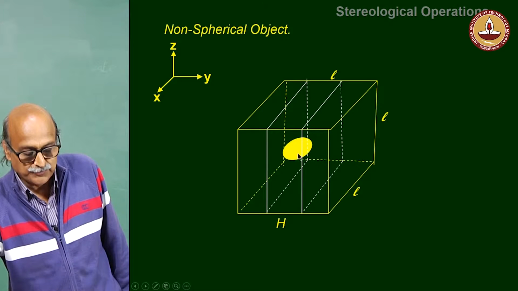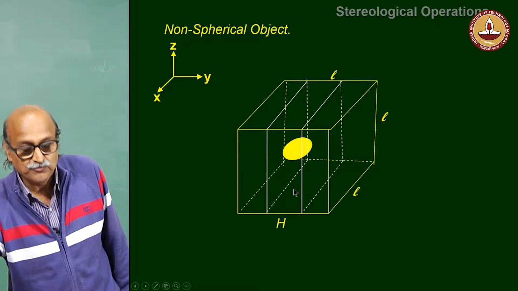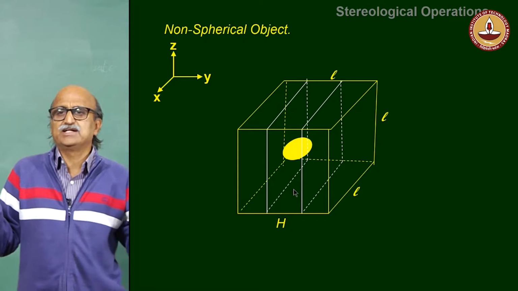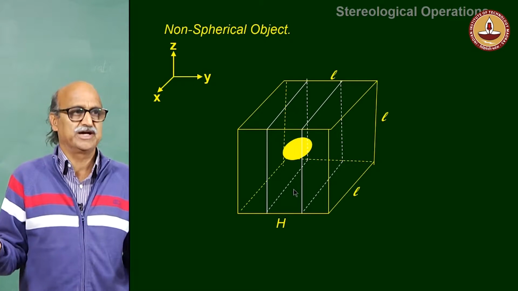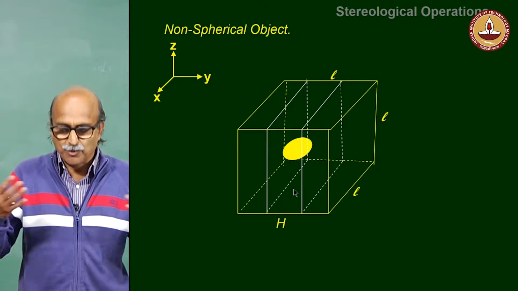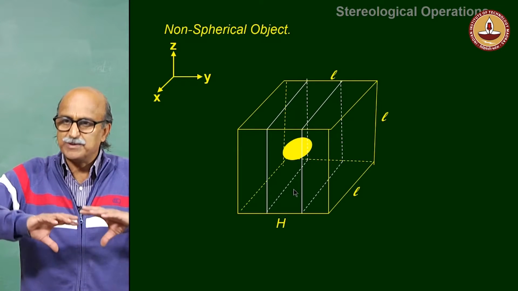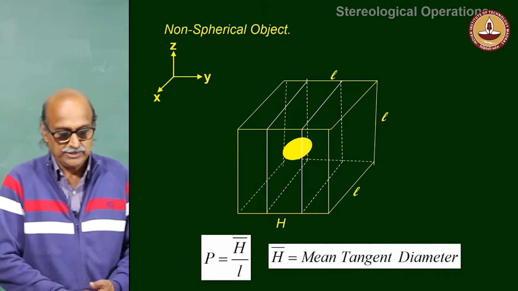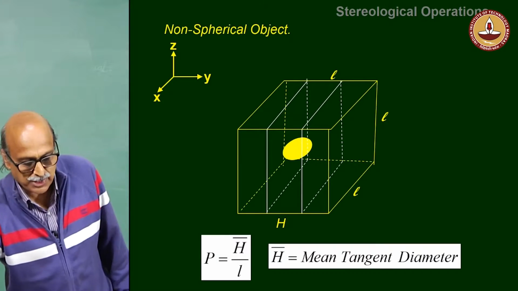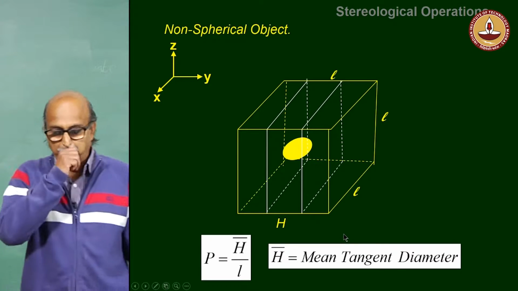As the object changes orientation, the tangent diameter changes. So, we can think that there exists a dimension called the average or the mean tangent diameter, and the probability of cutting by a plane probe this object, which takes up any random orientation, would be h bar, the mean tangent diameter, divided by L. Okay.